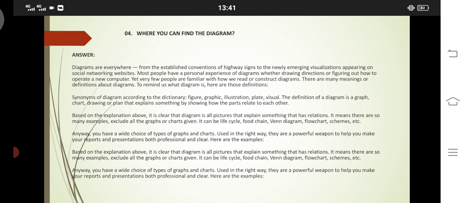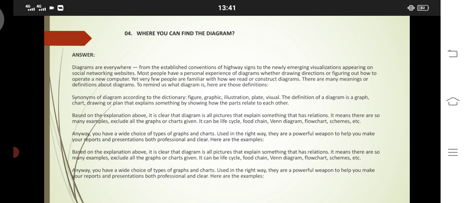Based on the explanation above, it is clear that a diagram is any picture that explains something that has relations. It means there are so many examples, including all the graphs or charts given.